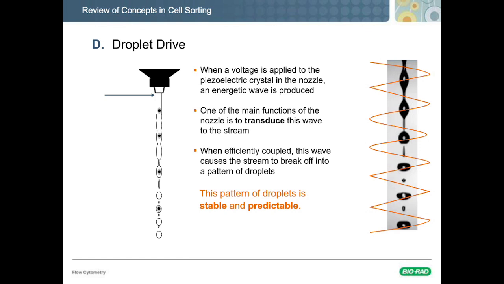Now, the timing of where that point is, we get into later. But the important thing is that by driving this signal, we can make them break off just where we want. If you just spray liquid out of an orifice like a garden hose, it'll break off, and you'll eventually end up with a bunch of uneven large droplets. But by doing it very consistently and forcing it, we can make it break off exactly how we want.